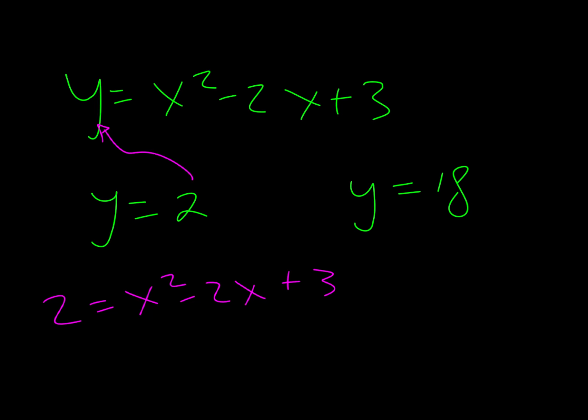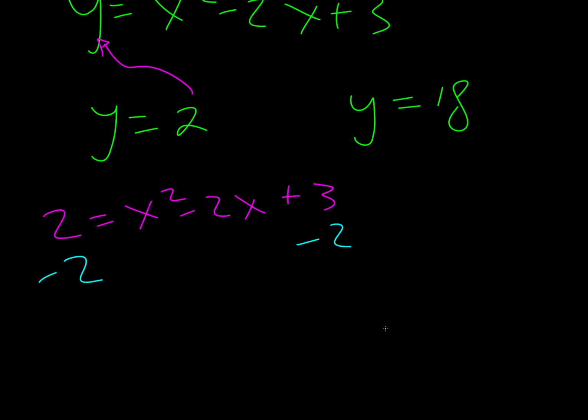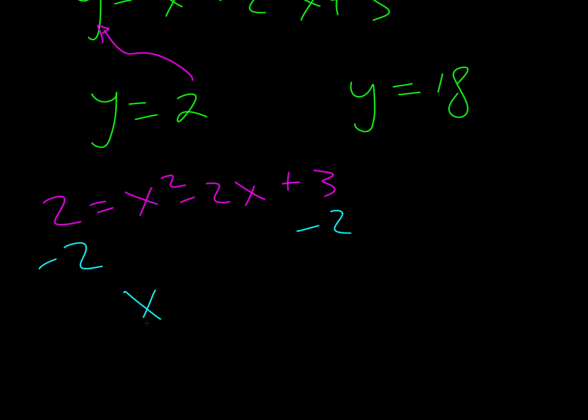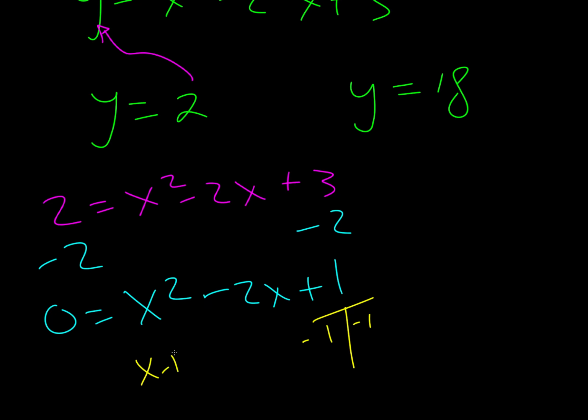Since it's quadratic, we need to use quadratic methods. So we subtract 2. x squared minus 2x plus 1 equals 0. And this one we're going to t-factor. 1 and 1. We make those both negatives. We get x minus 1 times x minus 1 is equal to 0.